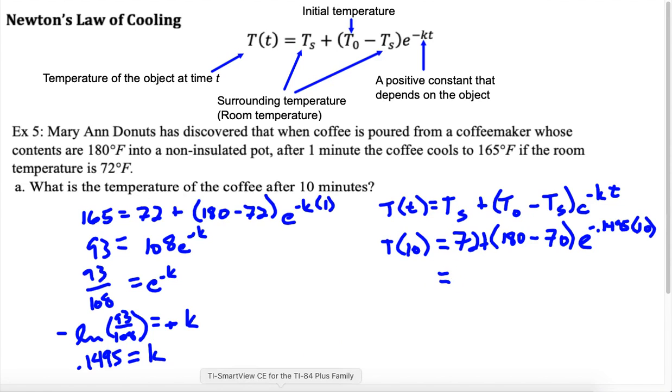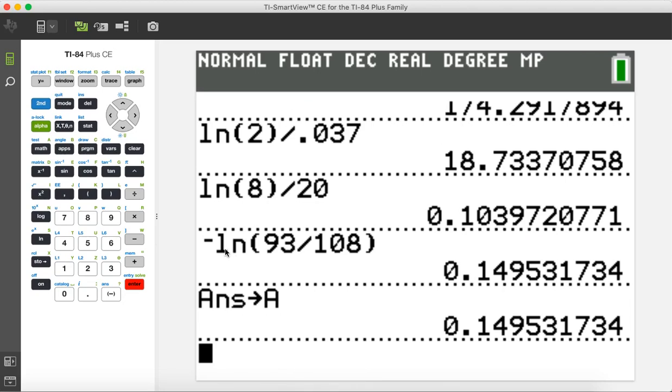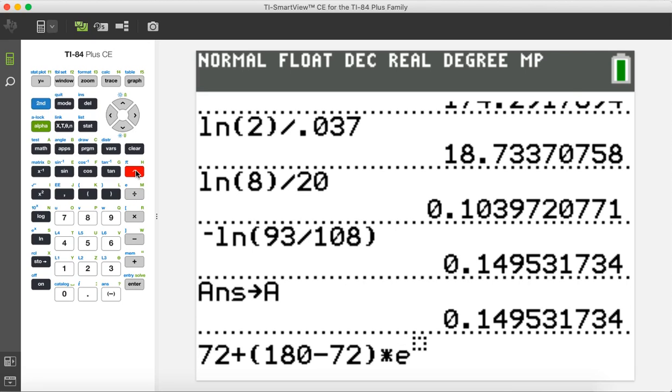So we can evaluate that now. 72 plus 180 minus 72 times e to the, and since I stored that value under A, I can just put alpha A times 10 up here.